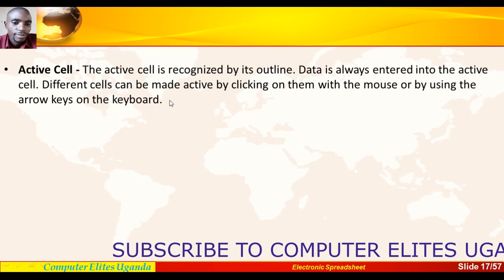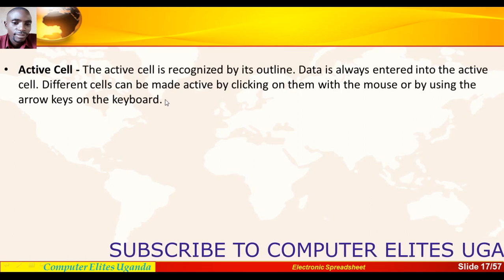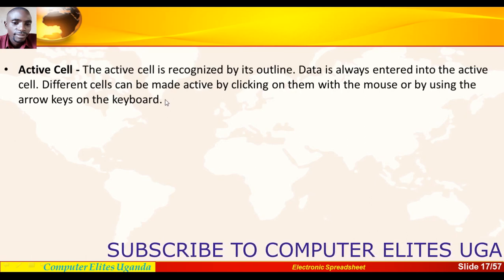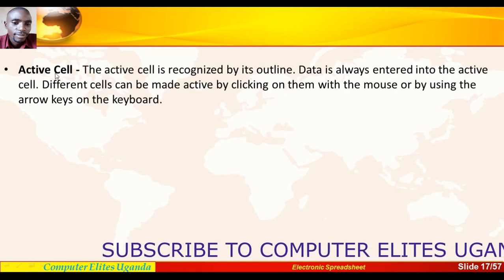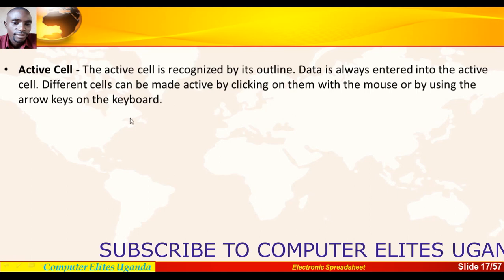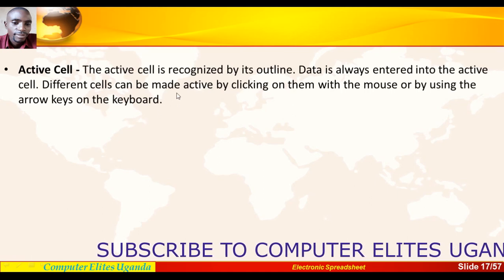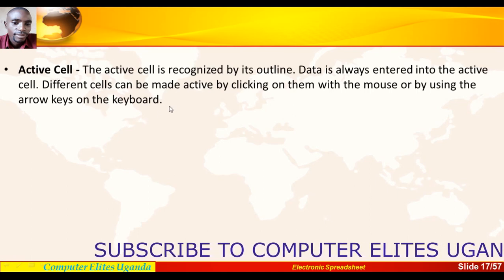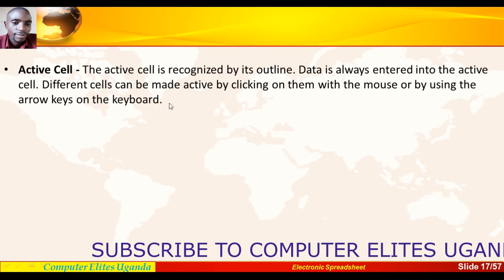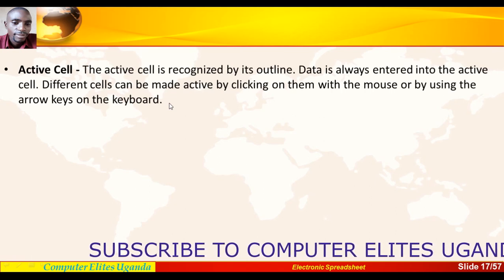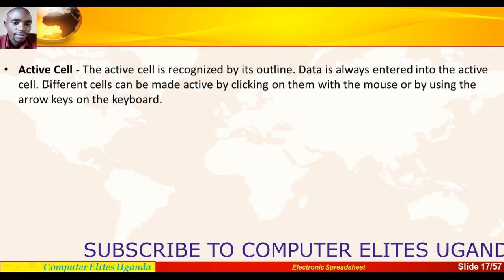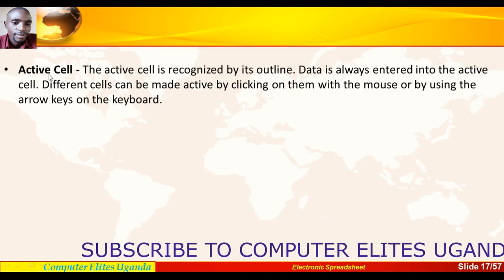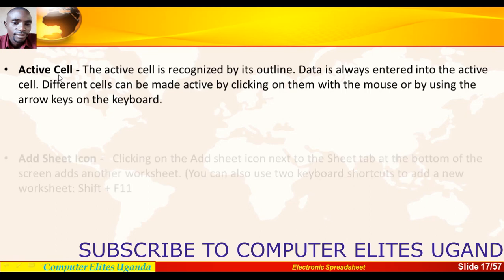That box where a certain piece of data is typed is what we call the active cell. In Microsoft Word, you always have to click where you're going to type a certain digit, number or letter into your Word document. But with Excel, we always call it the active cell.